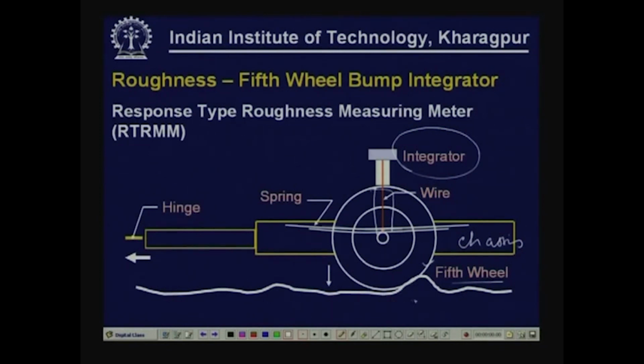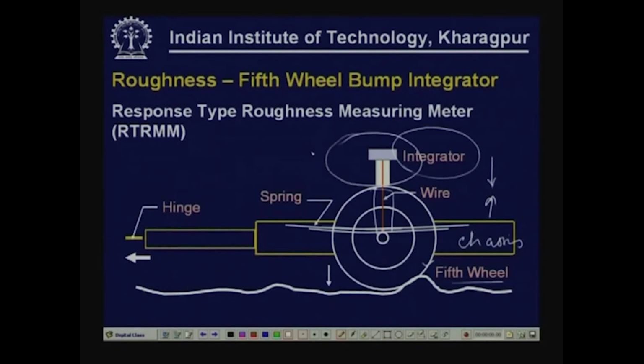What we actually measure is as the wheel moves along this road, it goes up and down along with the variation in the profile. So as this moves up and down, the vertical stroke of the suspension system of this arrangement is measured. As the suspension system gets stroked by certain magnitude, that triggers some pulses in this integrator.